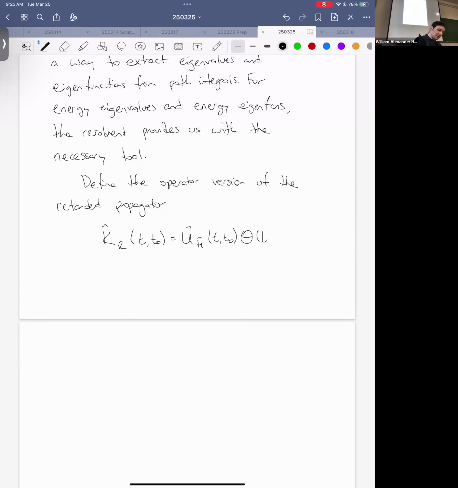All right, so writing the resolvent, or not the resolvent, the propagator as an operator. So I'm just saying I have the time evolution operator, and then I'm just slapping on a theta function. And one can see that if I take i partial t of this retarded propagator, this is i partial t of the right-hand side.